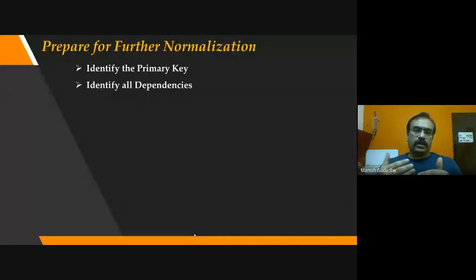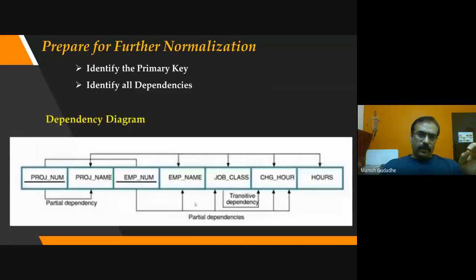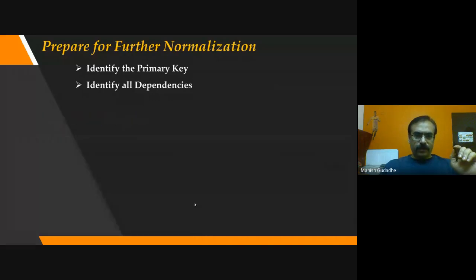Now we try to bring it into second normal form. Two things we'll have to take care of: identify the primary key and identify all the functional dependencies. We'll later decide how that dependency will work. First we'll draw the dependency diagram for the same.